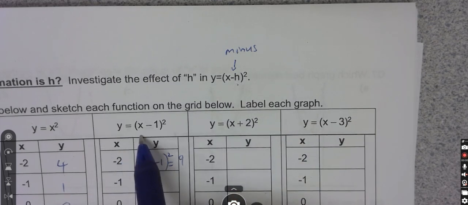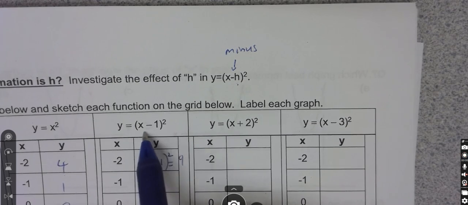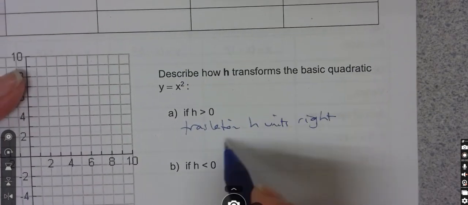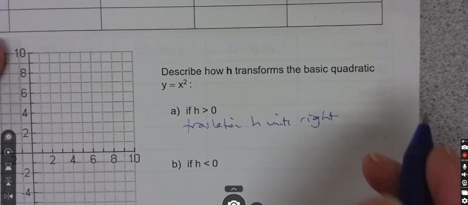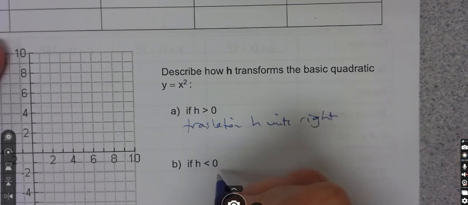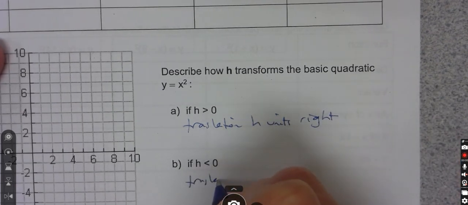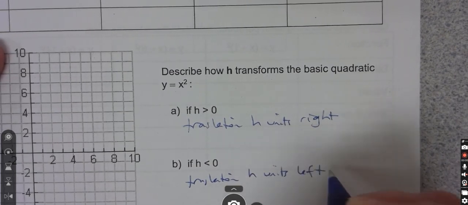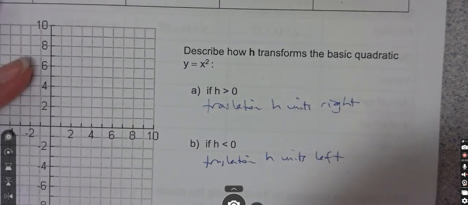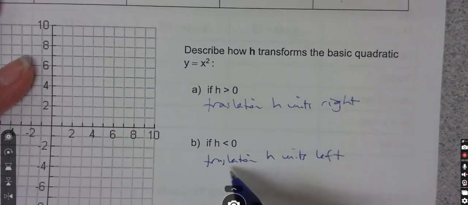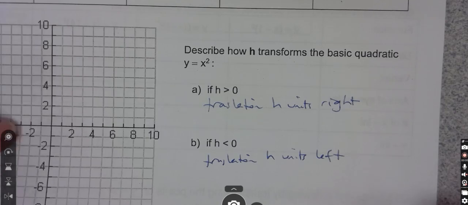So in this example here, you should see the parabola moving to the right. In this example, you'll see it moving to the left. So I'm going to write over here, this is translation h units right. And if h is a negative number, then it's translation h units left. And when I say h, I mean the number part of h. So if h is -5, it's a translation 5 units to the left.